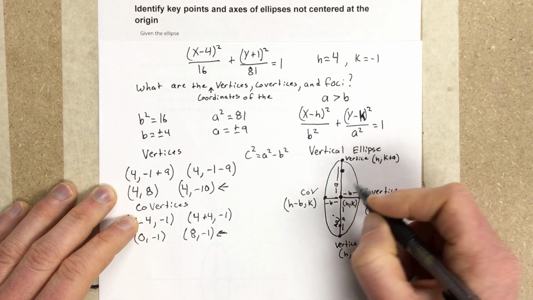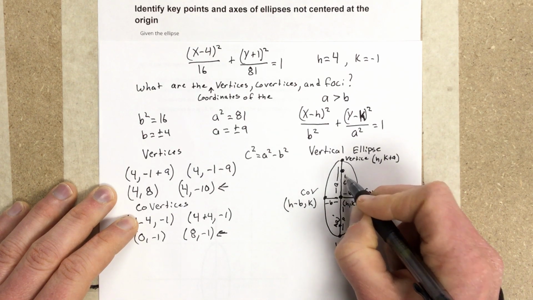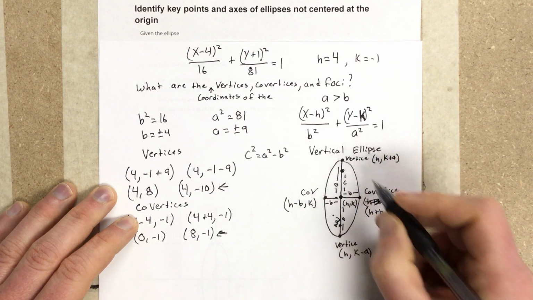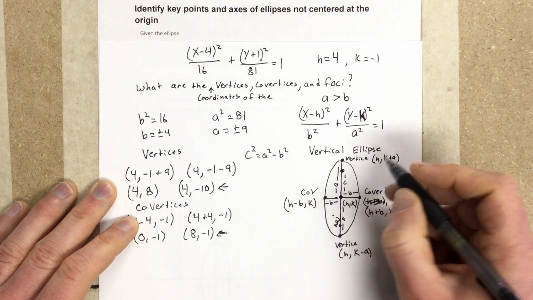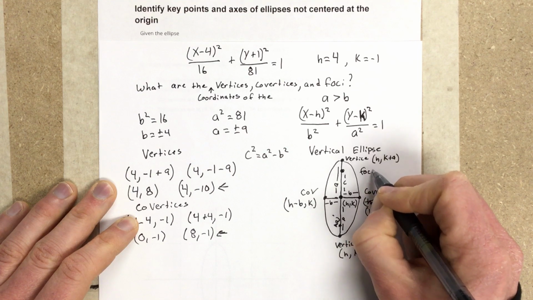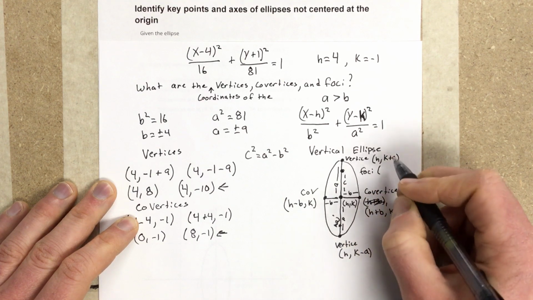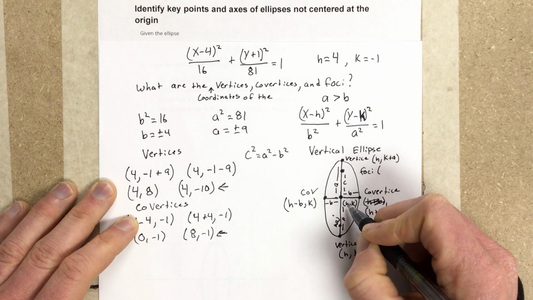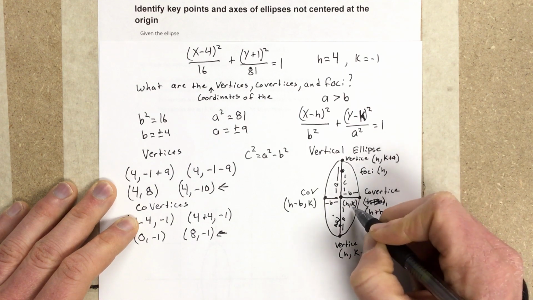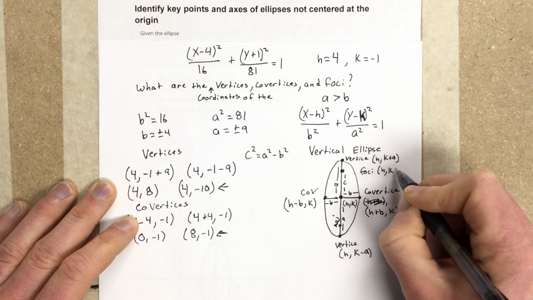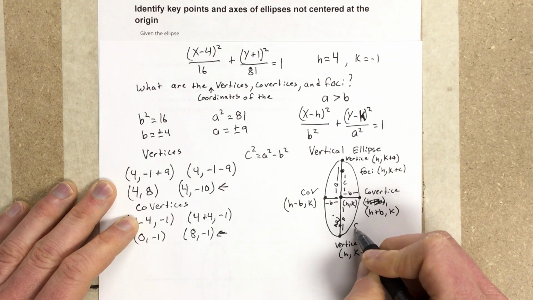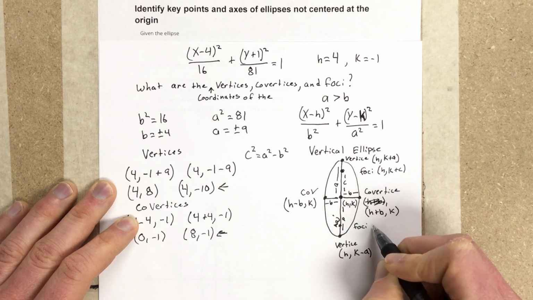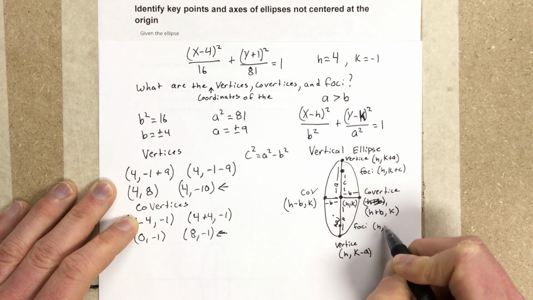We find the foci with this distance c from the center. So the foci are going to be h, comma, k plus c, and the other one will be h, comma, k minus c.